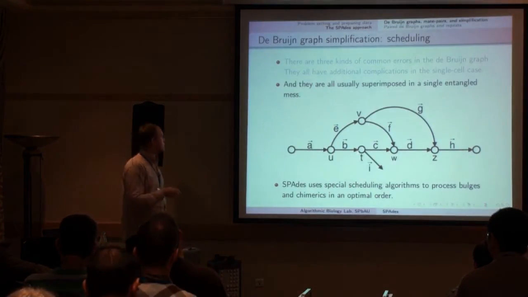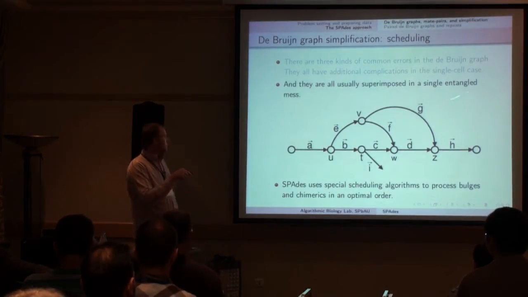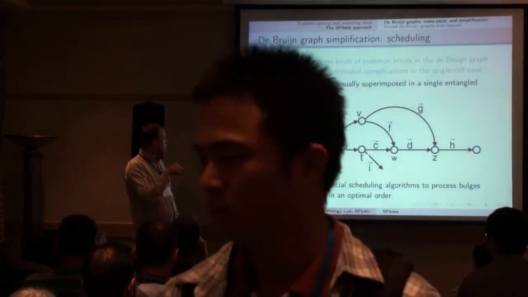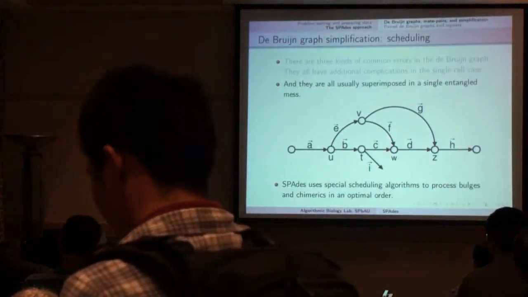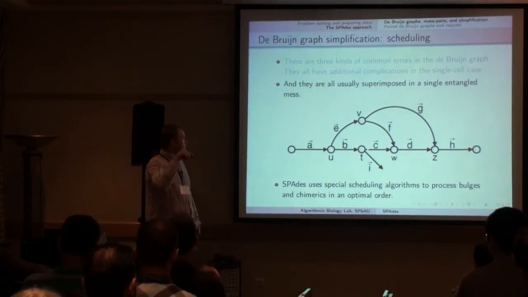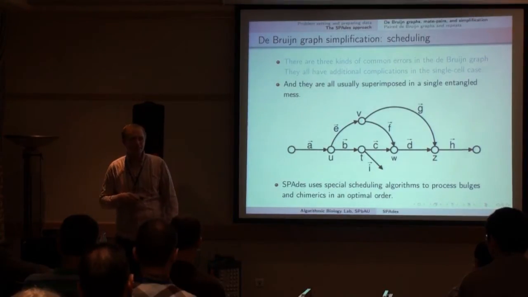For example, in this case, of course, we immediately see that you first clip this tip, then you project this bulge, then you project this bulge, and then you're done. But in software, and when you're locally in this vertex, it is not immediately obvious, right?